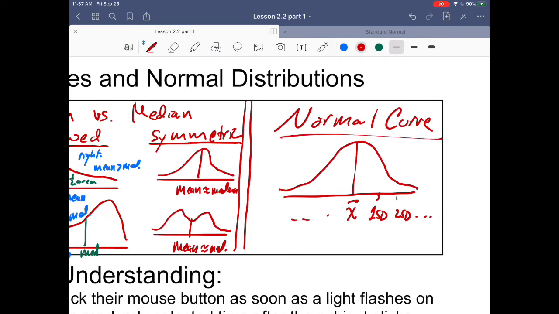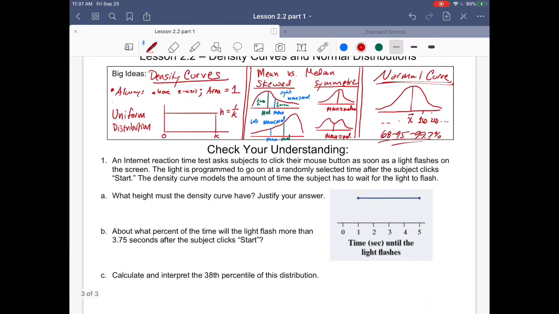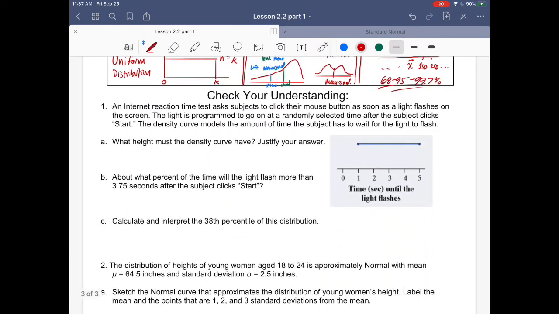But the important takeaway from the normal curve for this box is the 68, 95, 99.7 rule, and that is the percent in a given area. So take a few minutes and look at the check your understanding problems, and I'll add your answers and talk about them a little bit.